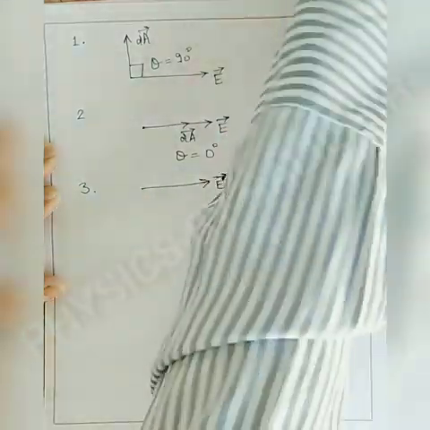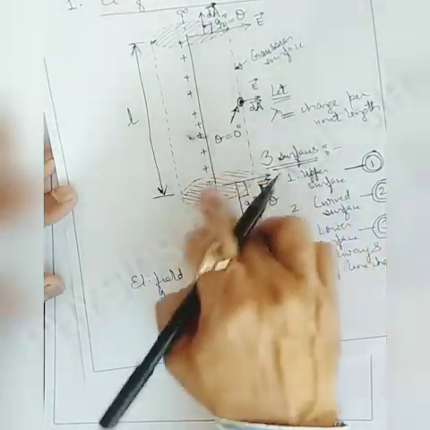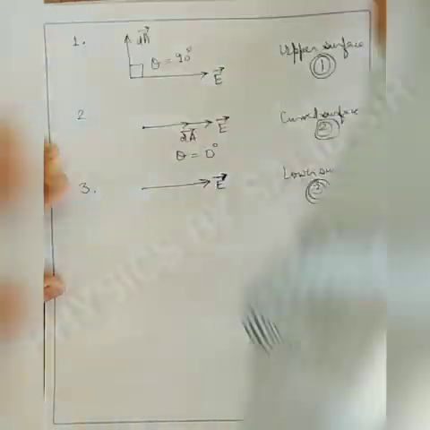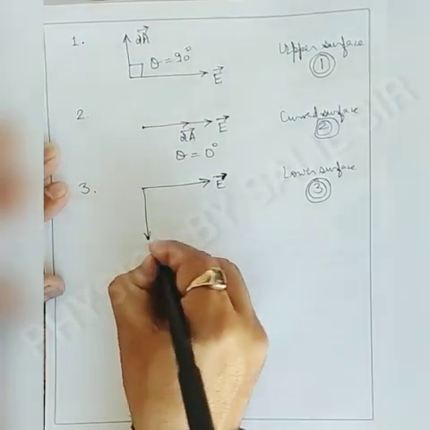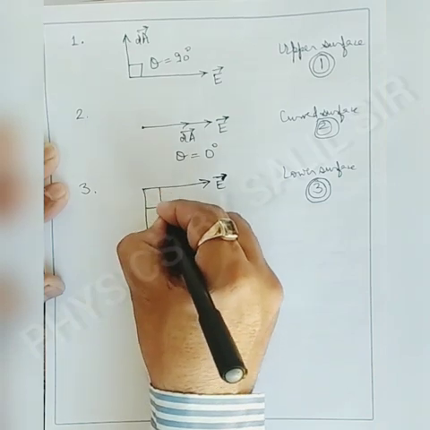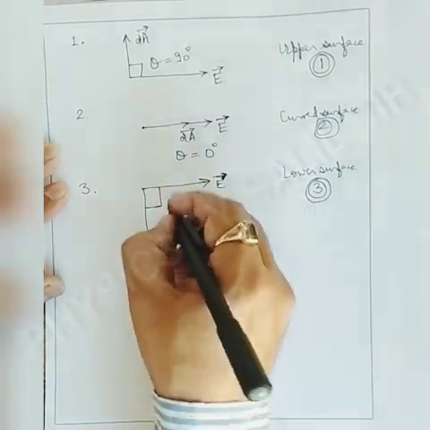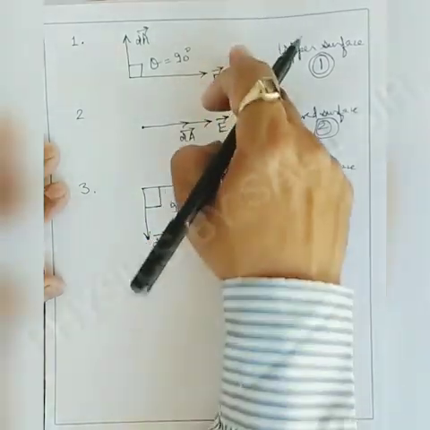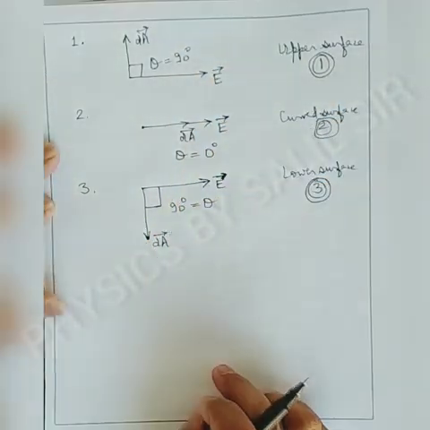The normal to this lower surface will be like this, so the angle between the area vector and electric field intensity is 90 degrees. So we have got these three conclusions.